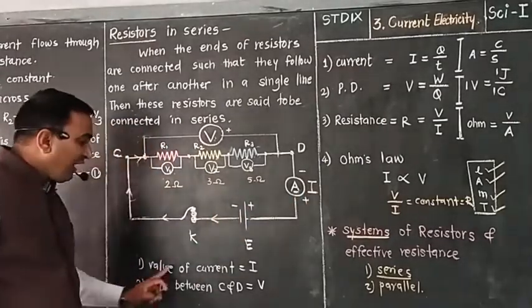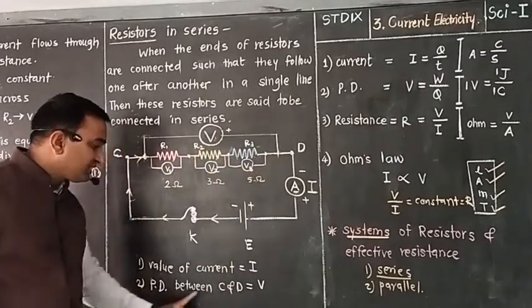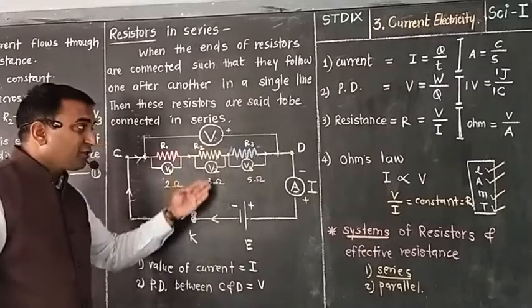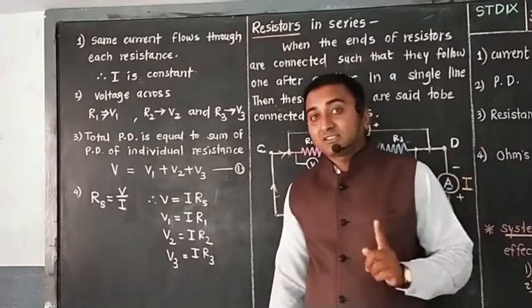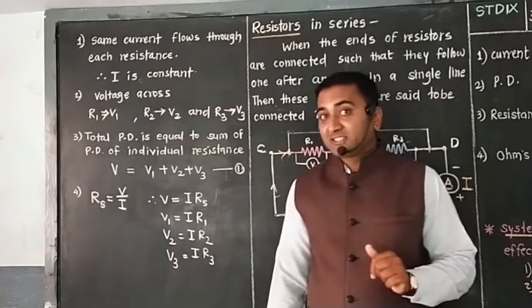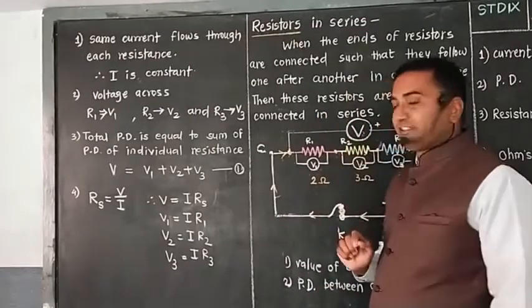So the value of current is I, and this total potential difference is V. That we are going to discuss, what it should be. So got this point? What is constant in the series combination of resistors? Current is constant. Now what about the potential difference?